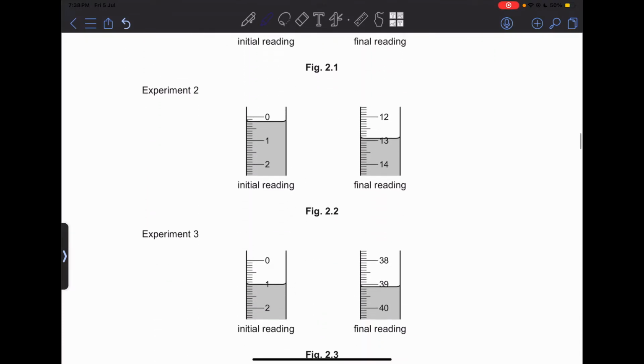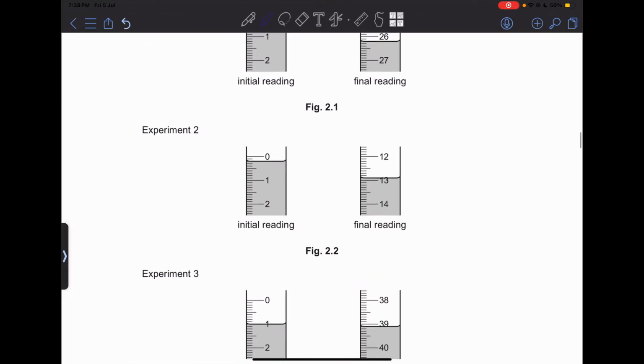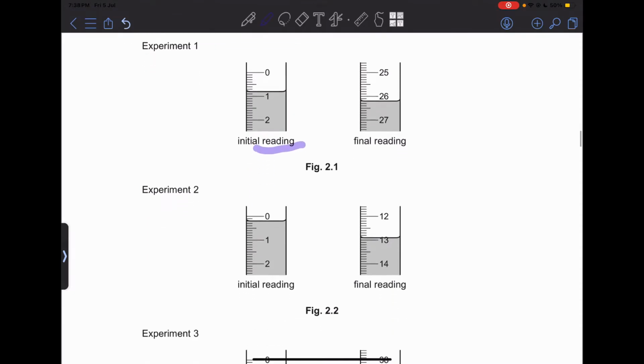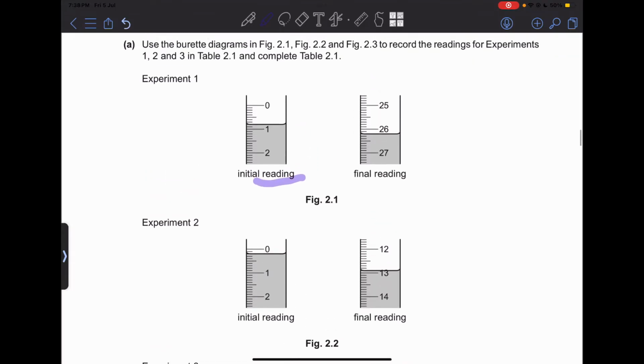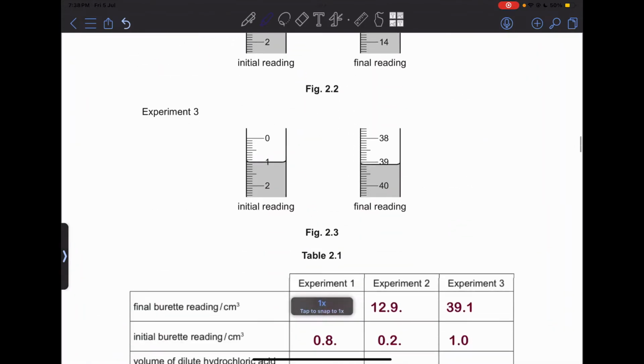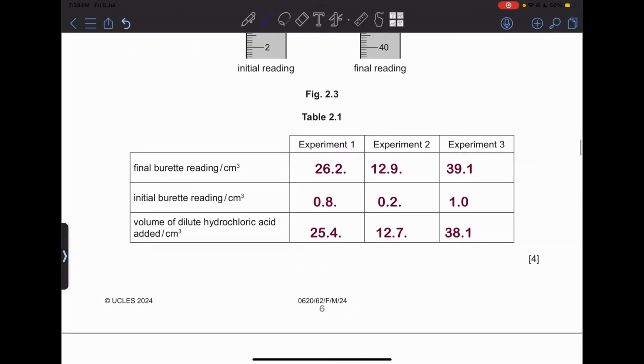So here we have all of the burettes. The initial reading was before the experiment and the final reading was after the experiment. So you have to record the values over here. They already drew a table for you.